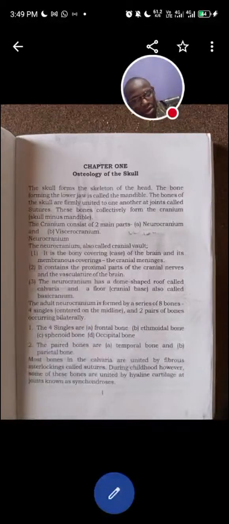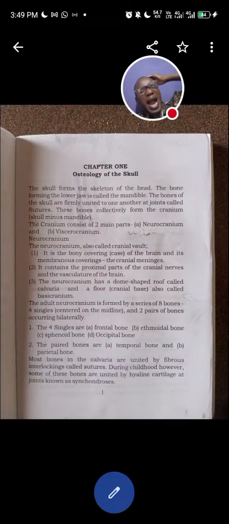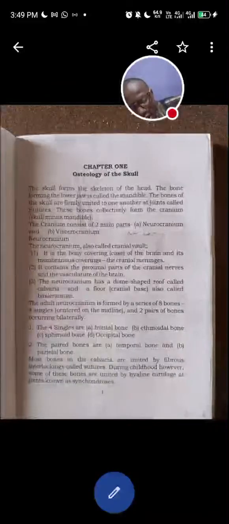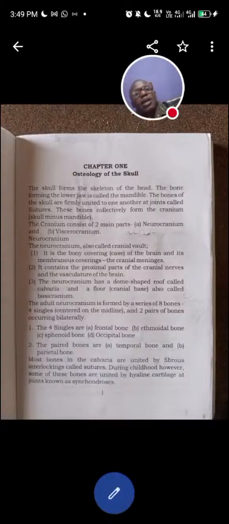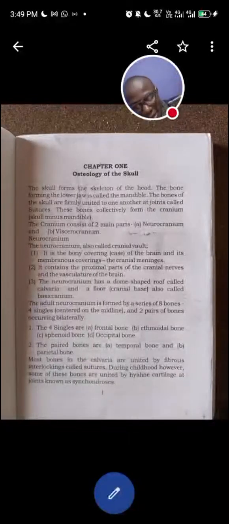Moving on, there are characteristics of this. Number one, it is the bony covering of the brain, the brain bony covering, BBC, of the head. The membranous covering of that case is called the cranial meninges.